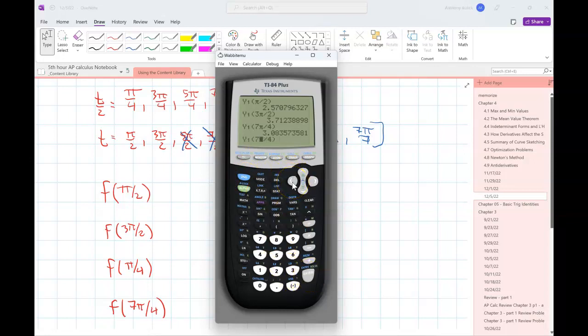And then we got to do pi over 4. Also can't be anything. So my minimum was at pi over 2, and that minimum is 257. And my maximum is at 3 pi over 2, and it's 371.